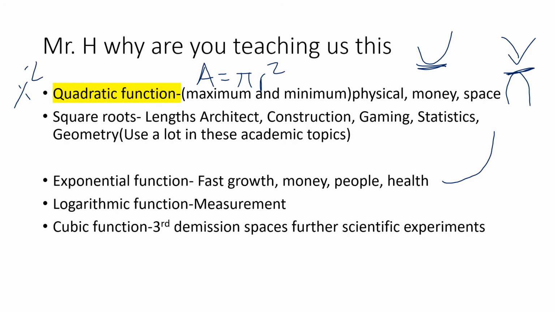And so exponential and logarithmic, because they are opposites of each other, they essentially are used for those things. So scientists, rapid growth or decline, how have you. Cubic function, all science that deals with the third dimension and stuff like that. So that's why you're being taught these things.